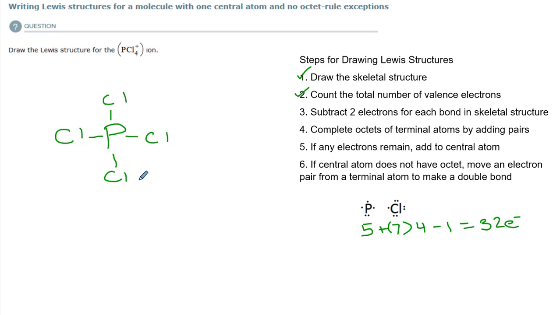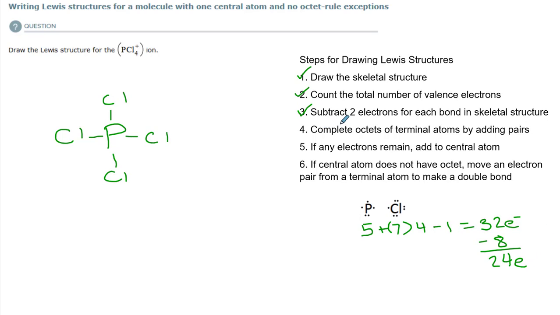So just drawing our skeletal structure, we've already spent electrons for these bonds. Step 3 is to subtract 2 electrons for each bond in the skeletal structure. So I have 4 bonds, so I'm going to subtract out 8 electrons to account for those bonds I've already drawn. Balancing the checkbook, I'm left with 24 electrons.